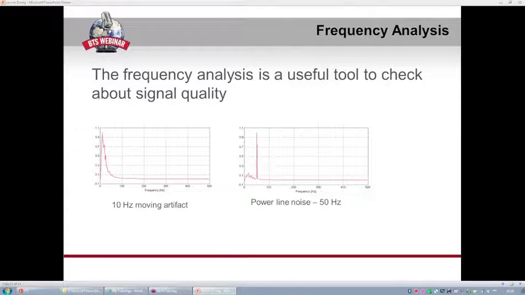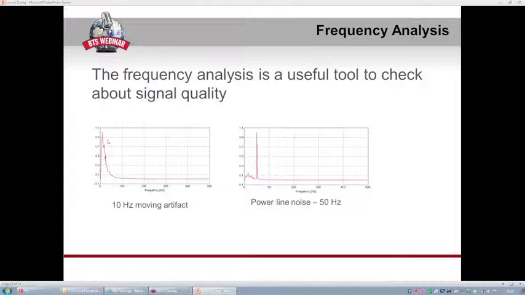In general, I would say that frequency analysis is a good tool that can be used to check the signal quality, and to investigate undesired noise or signal artifacts. For example, in these slides, you can see two typical examples. On the first image, you have a typical spectrum containing 10 Hz moving artifact.